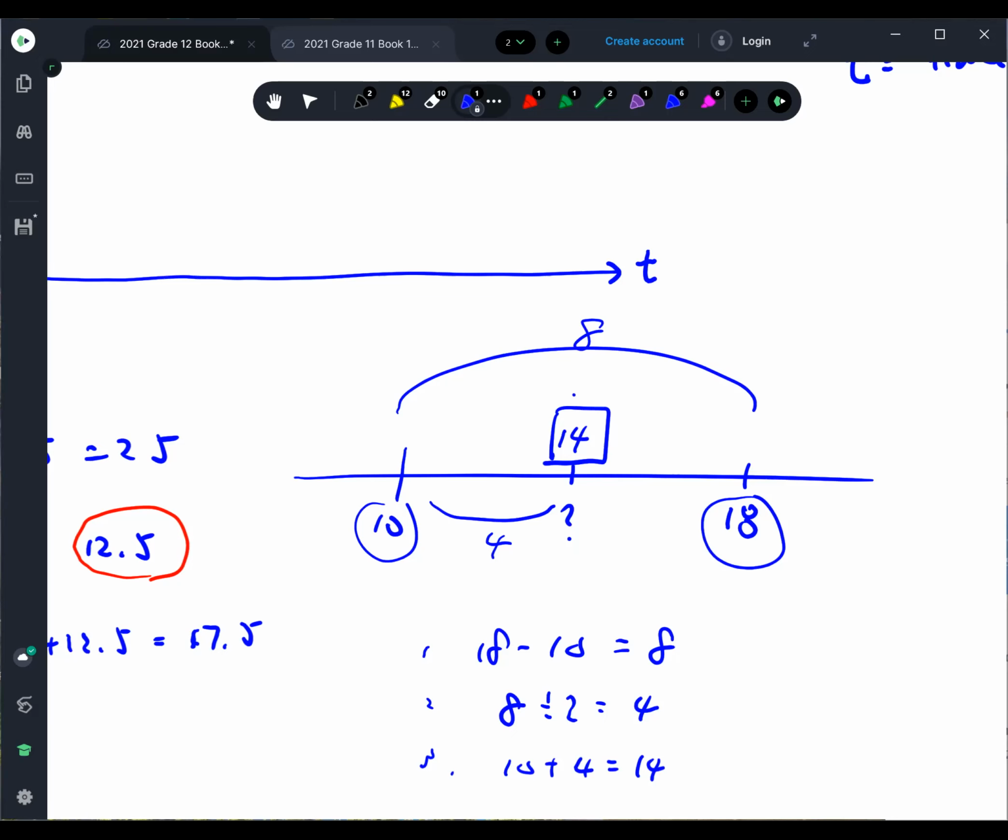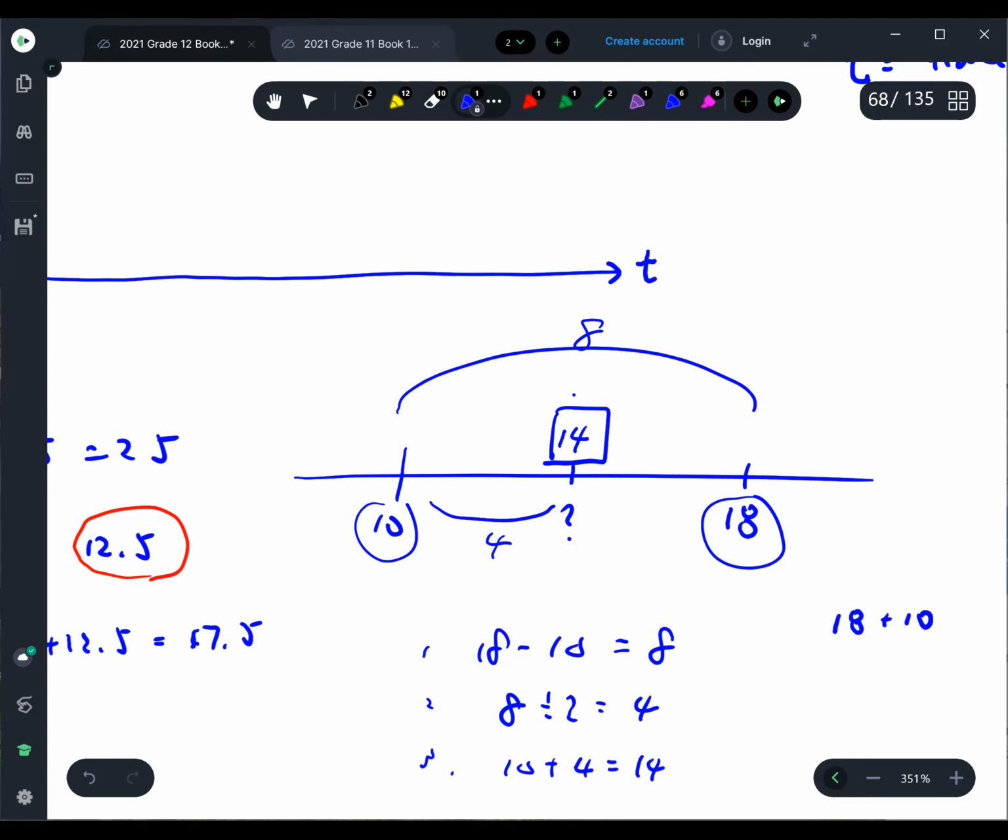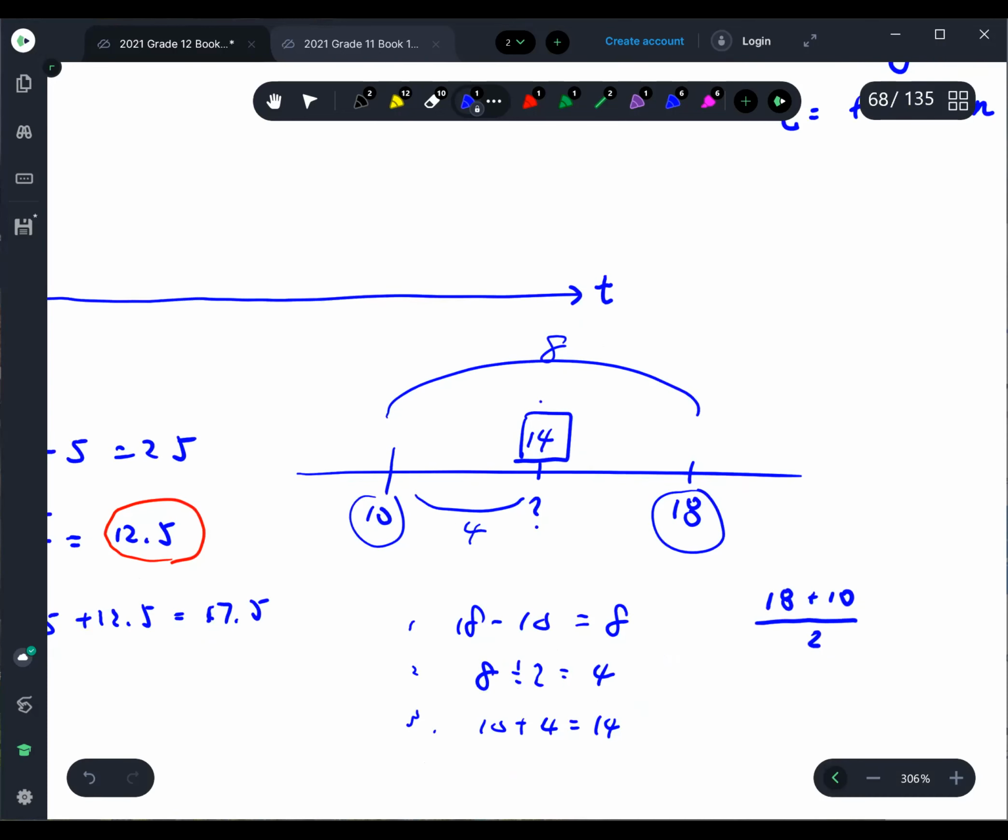We add them up, 18 plus 10, and then divide by the 2 tests. Then that will give you the average of the 2 tests. Average is like finding the middle, right? You got some higher, some lower. Where's the middle place? So you add them up, that gives you 28, divided by 2. See, we got 14.